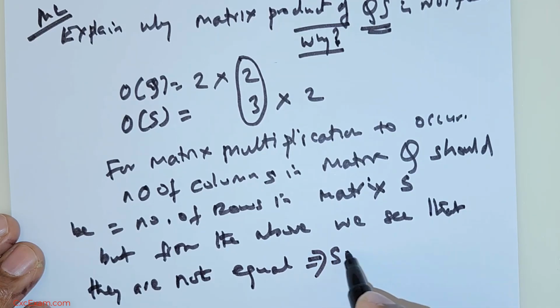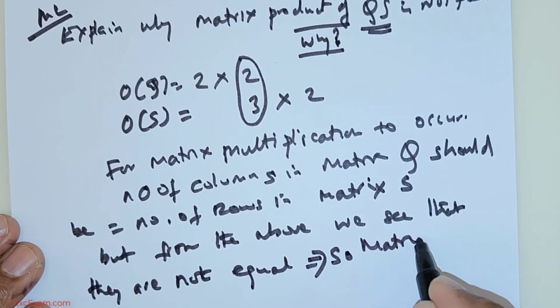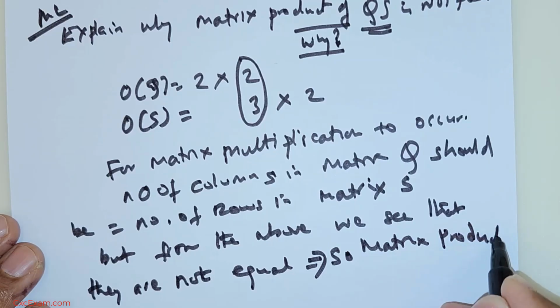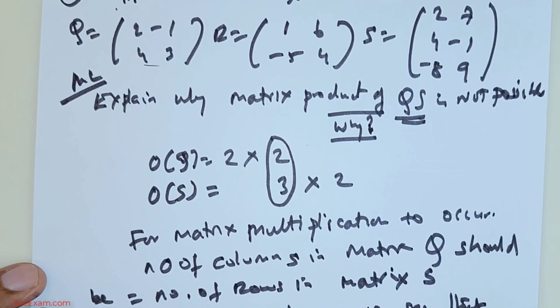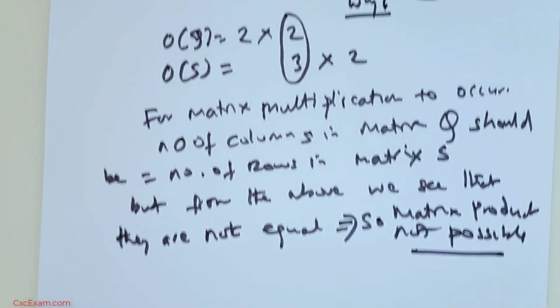So this means matrix product not possible. Okay, so that's the solution for the question.